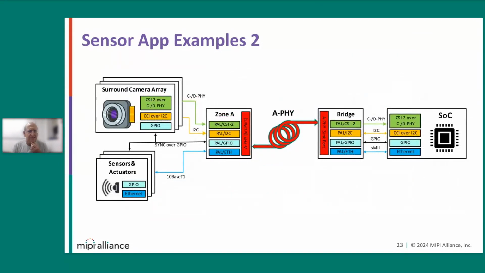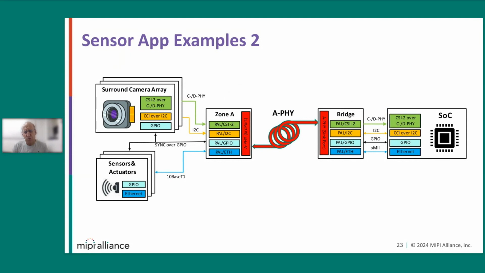Here, the second example for camera sensor applications presents an even more extended set of adaptation layers to resolve the application. In this case, we are speaking of a zonal architecture.